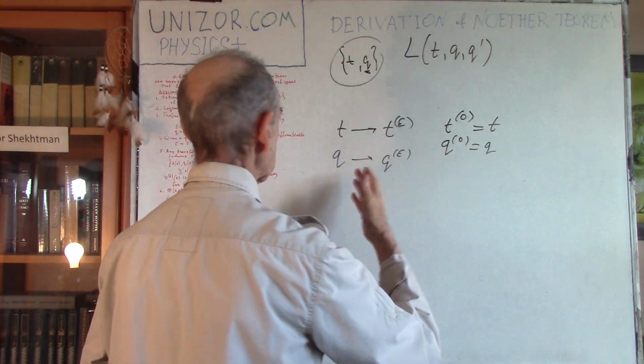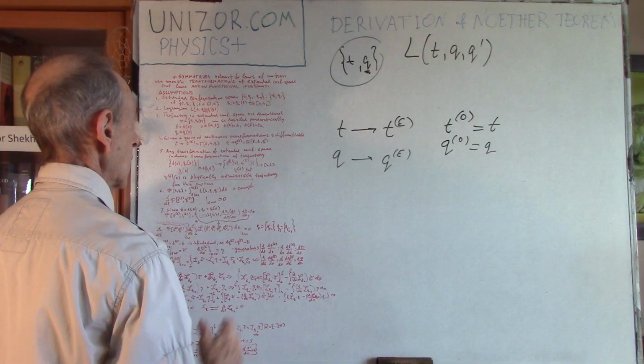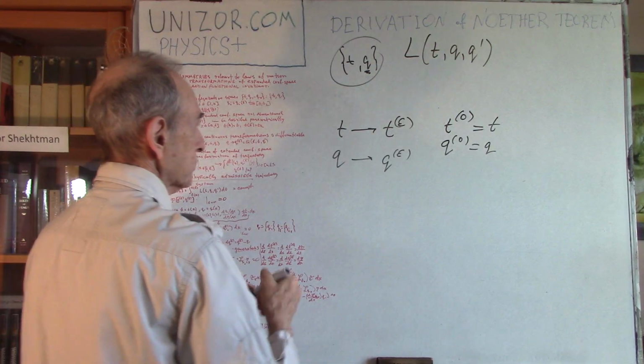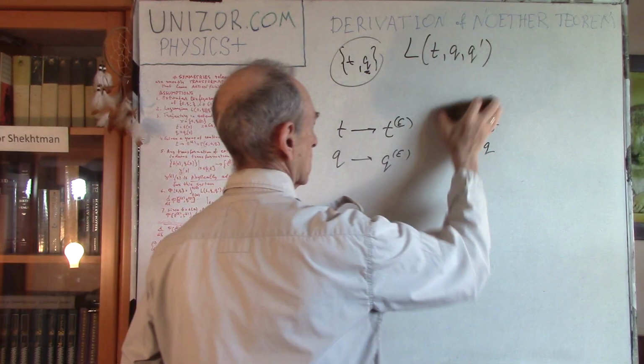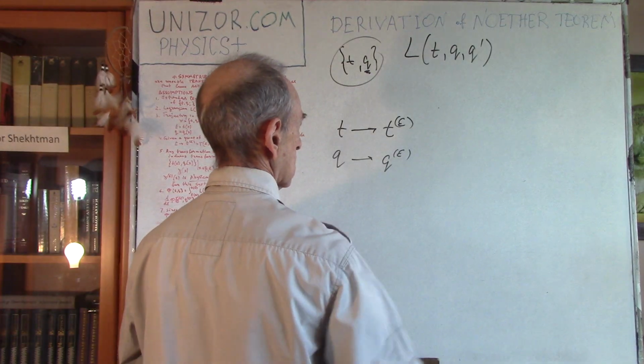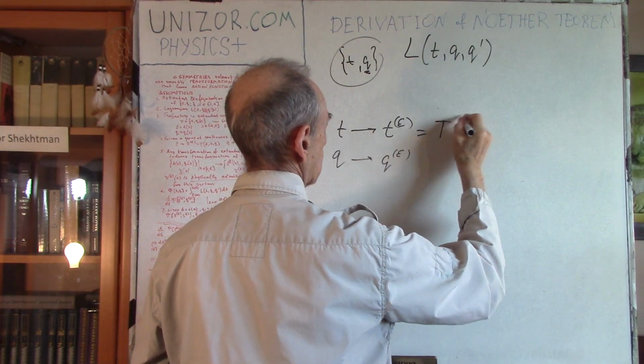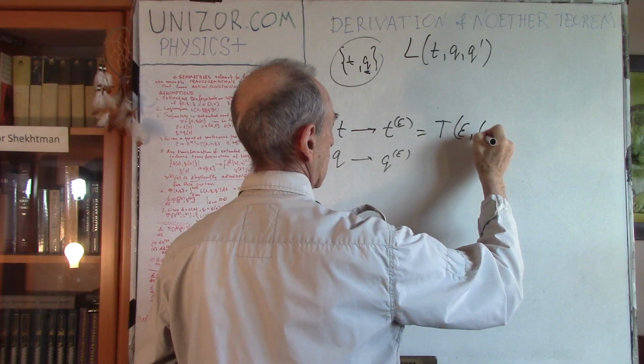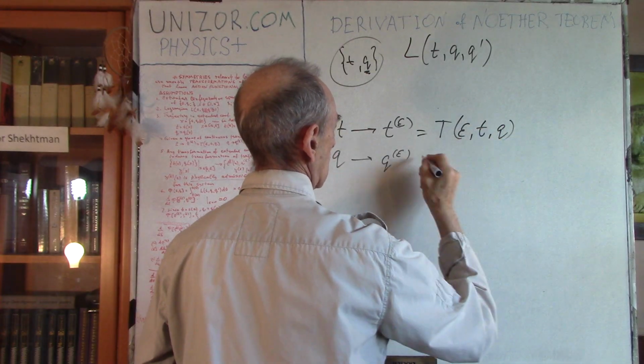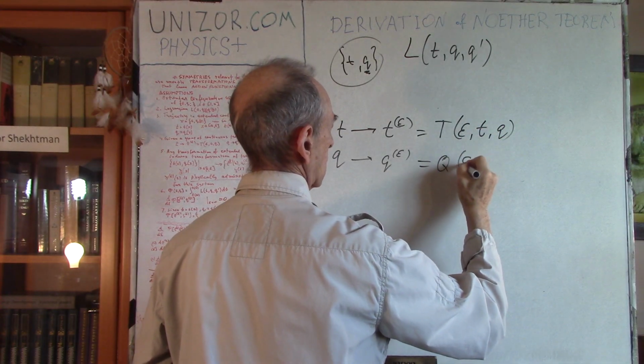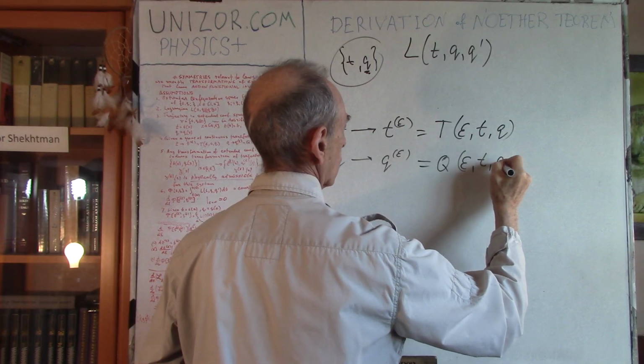So we have this particular transformation, and you can define these as functions. This is some kind of a function of epsilon and old position, and this is another function of epsilon and old position.